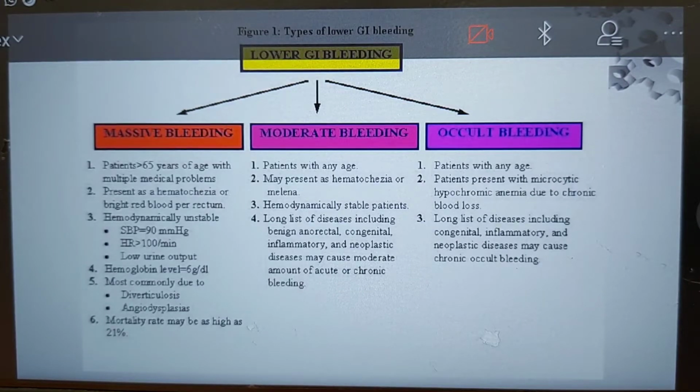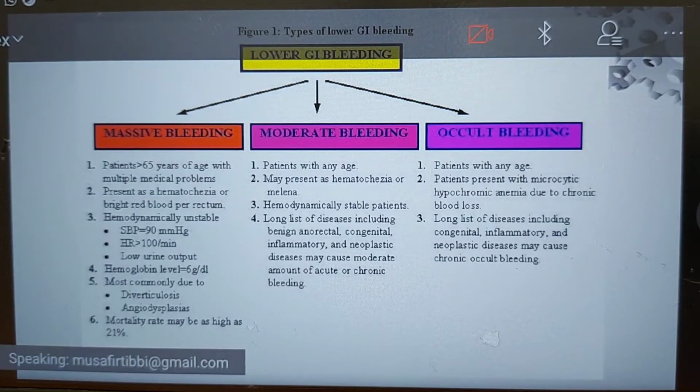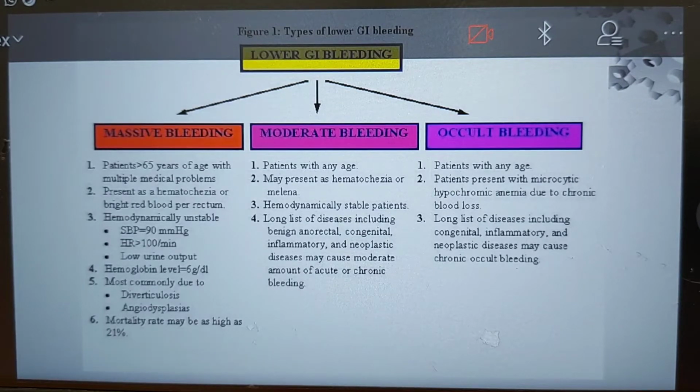For occult bleeding, the patient can also present at any age, and instead of complaining of hematochezia or bright red blood per rectum, the patient will normally present with anemic symptoms like lethargy, poor appetite, or others. When you take a blood investigation, you will note that the patient has low Hb, and from the iron profile, you will see iron deficiency anemia.